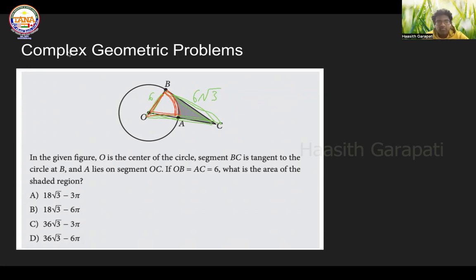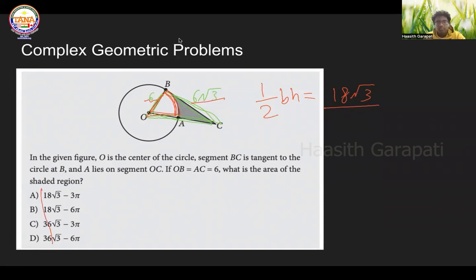So let's find the triangle first. That's actually going to be pretty simple because we have the height over here and we have the length. So the area of the triangle is half times base times height. So that's going to be equal to 18 root 3. And if you look at the options below, you see how they're all structured in sort of something root minus something pi.